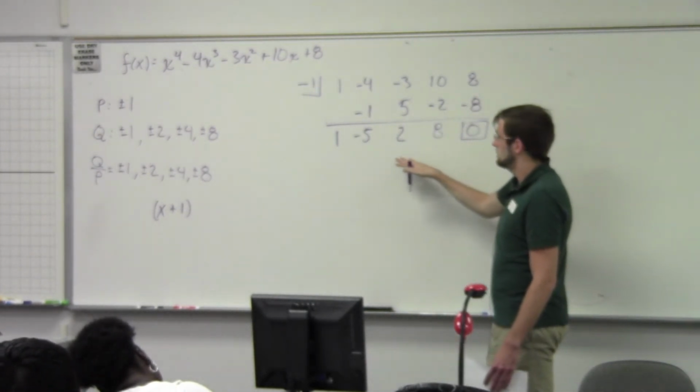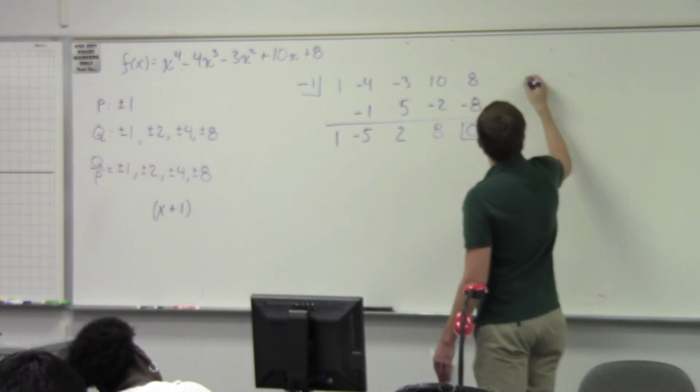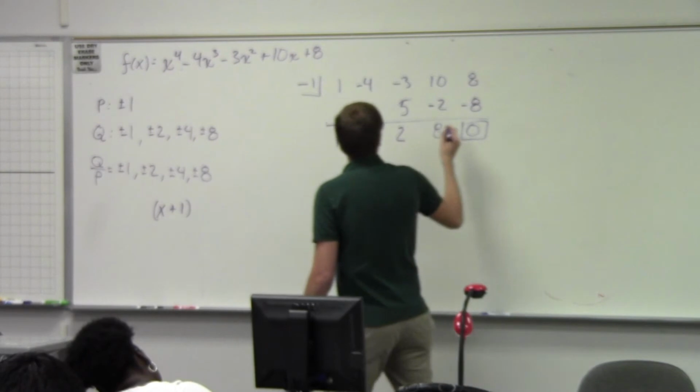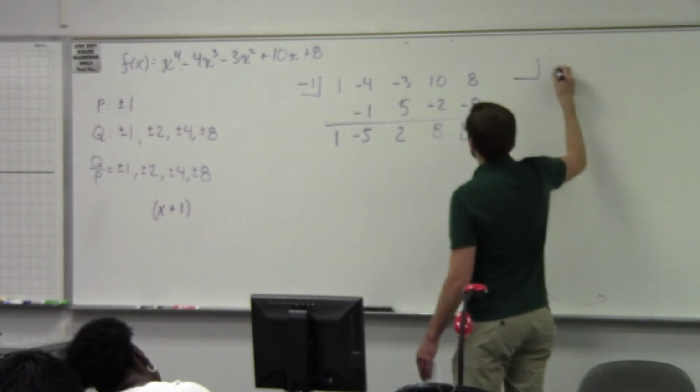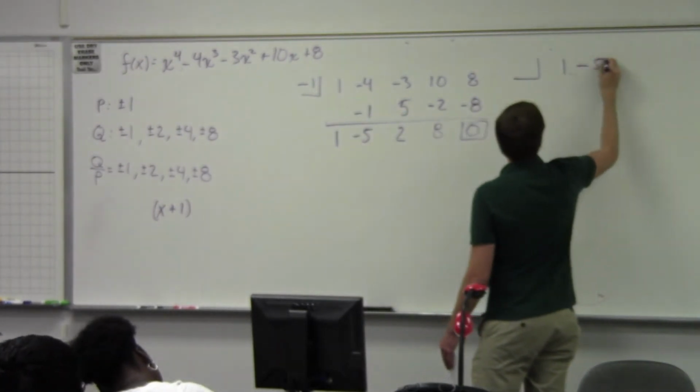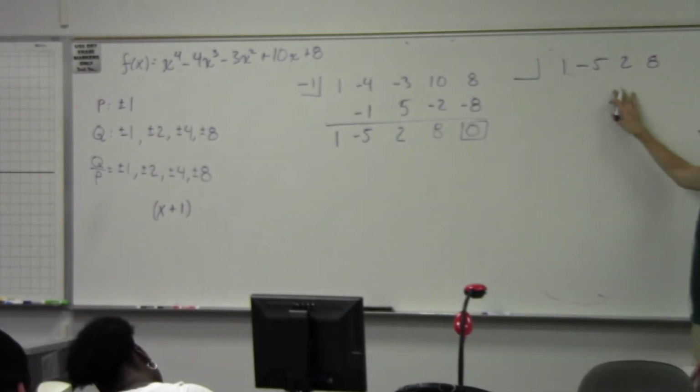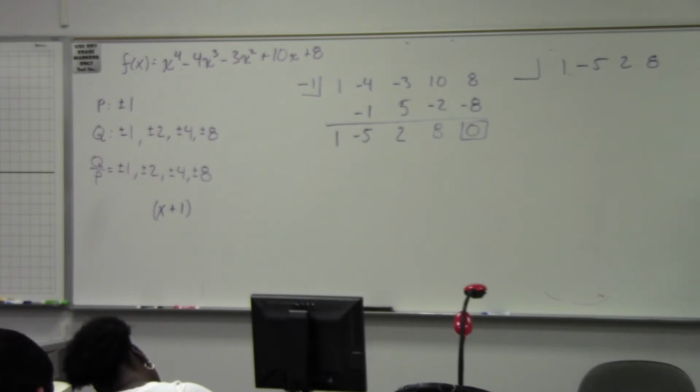All right, so let me do this off this side. Let's do this here. I don't want to confuse anybody. Now I need to pick new divisors to keep breaking this down. So what number should we pick next?